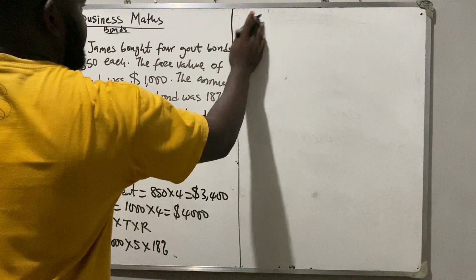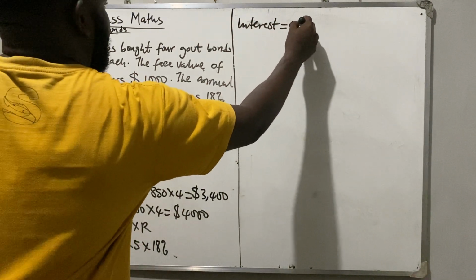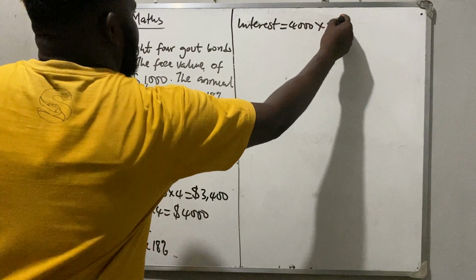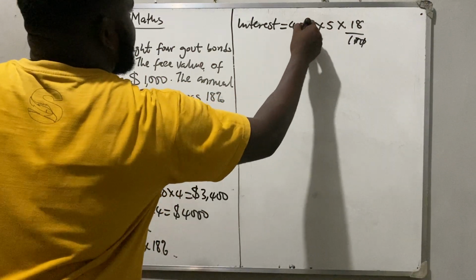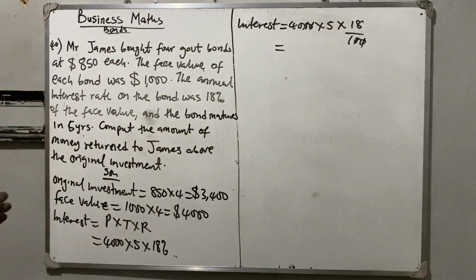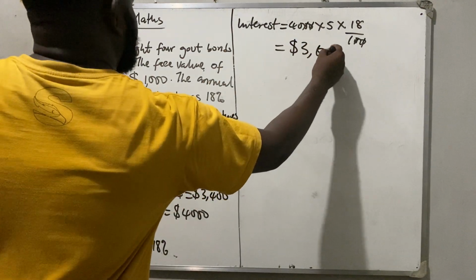So the interest will now be 4,000 over 100. So 0 takes care of 0, 0 takes care of 0. I'm having 40 times 5 times 18 to have that the interest is 3,600.